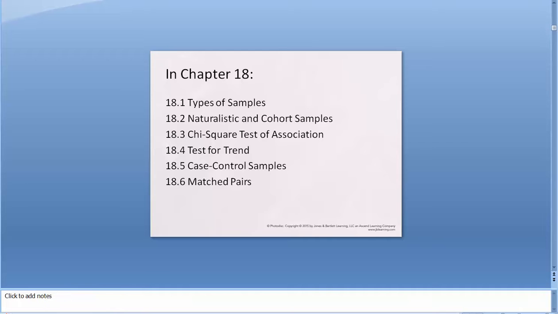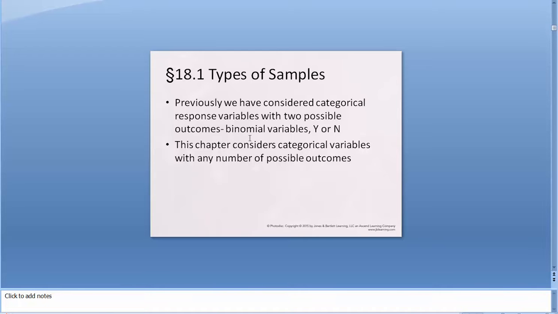Okay, so now first of all, types of samples. Now we have considered, so far, when you think about qualitative variables or categorical variables, we have pretty much considered binomial variables, yes or no situations, right? Either a person is a smoker or not, male or female. So always, we consider situations where there are two possible outcomes.